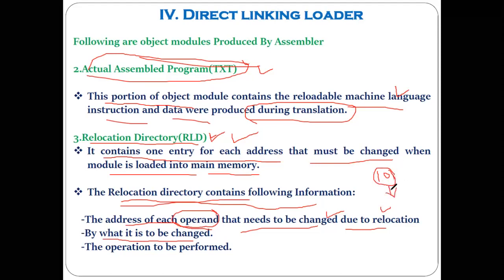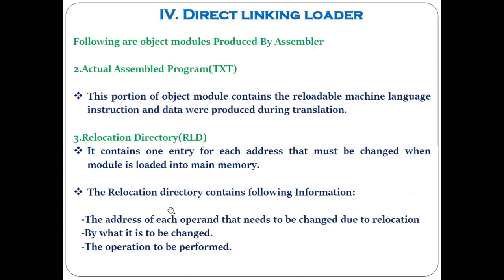If it cannot be executed from 101, and it can be executed from 105, then that information, by what it is to be changed, is also contained in the relocation directory. If you want to change the address of that operand, then what address needs to be there in place of this 101? That information has to be provided, and also using which operation this change can be done.